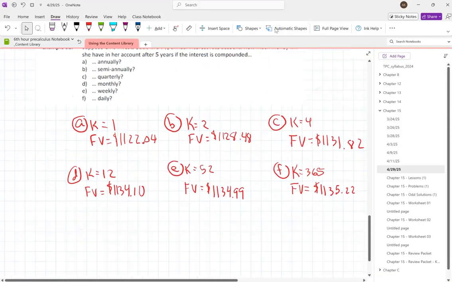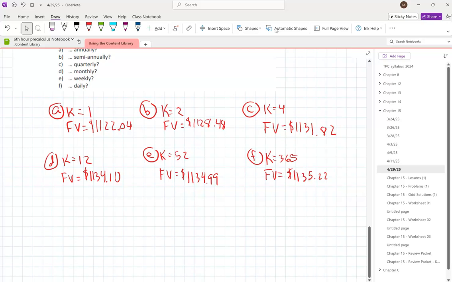So the takeaway here, what we want to have noticed, more compounds per year is still better, but boy, it doesn't make that much of a difference, right? Going from one compound to 365 compounds over that same 5-year period really just changed by $13.